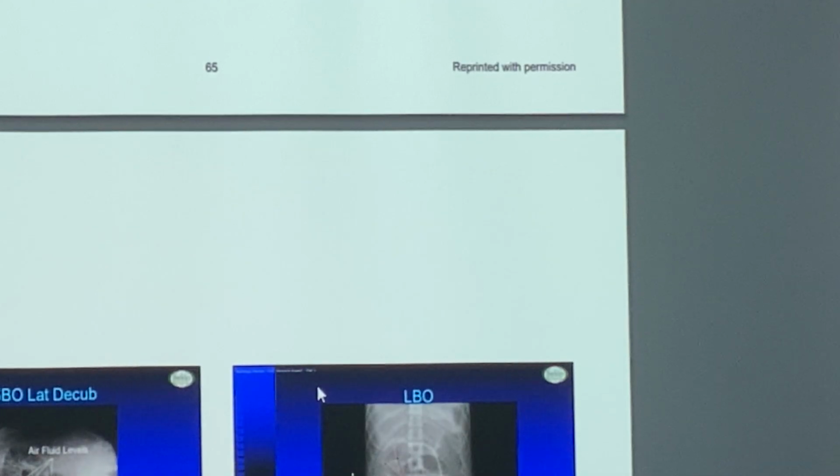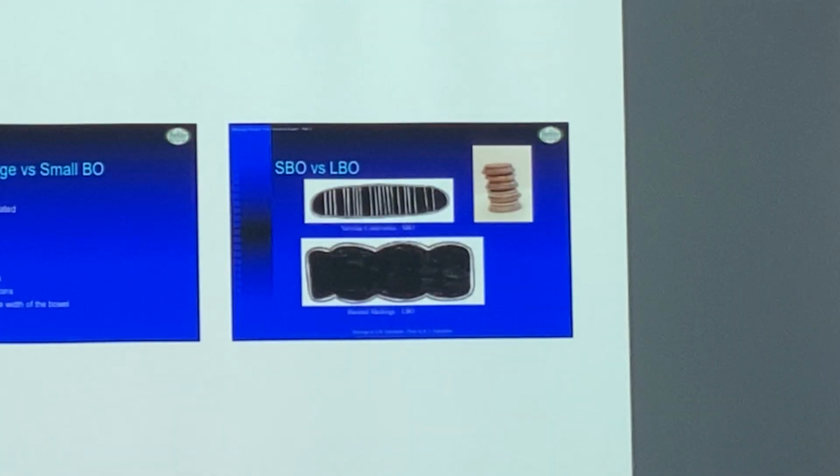That rosary thing is called valvulae conniventes. It's right here. It looks like either a rosary or a stack of coins or a ladder, like a stair going up. Okay? So that's basically in physics demonstrating it.